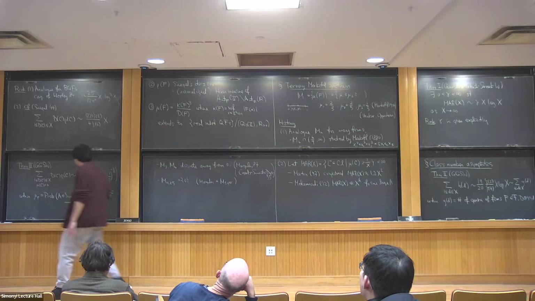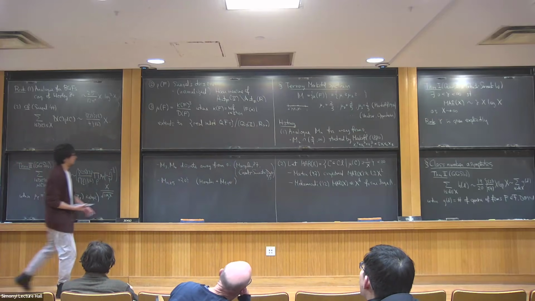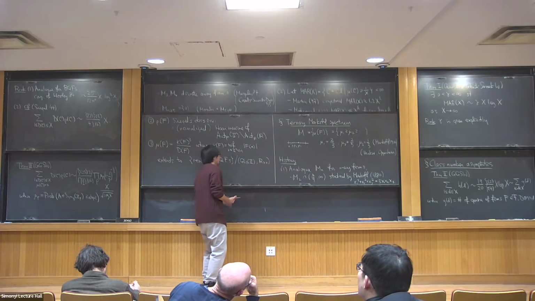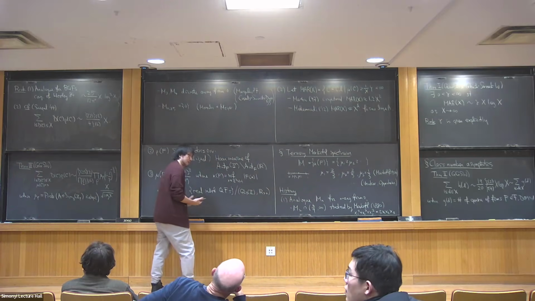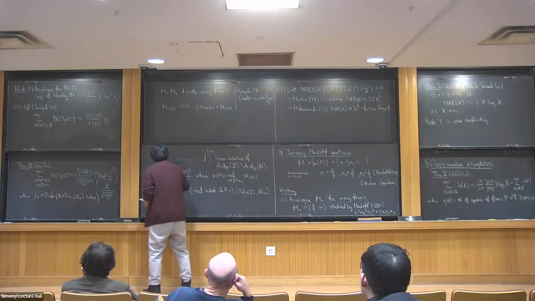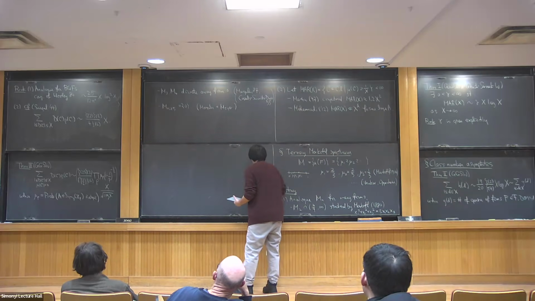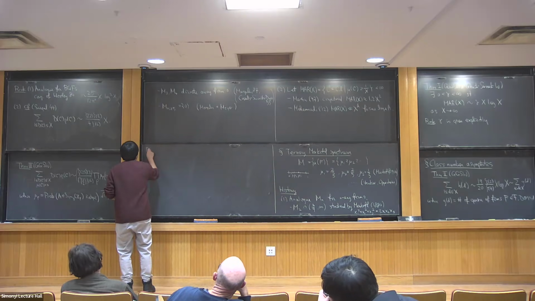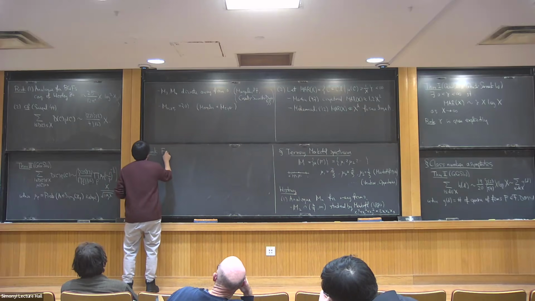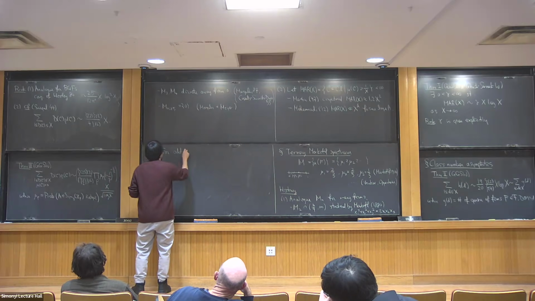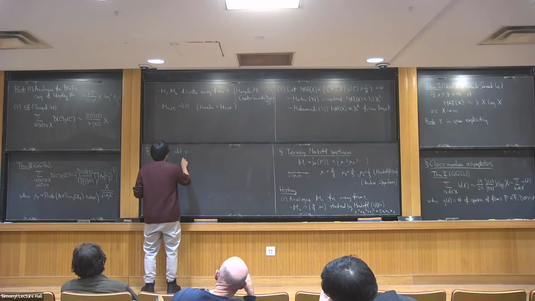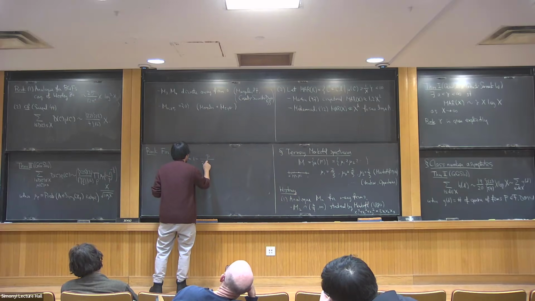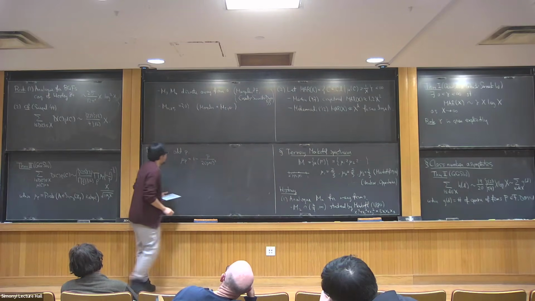And I should add that, maybe I'll write it here, for odd p, we have mu p is 1 minus, this is right.